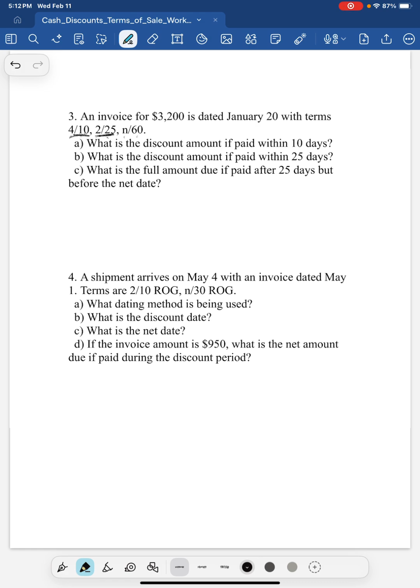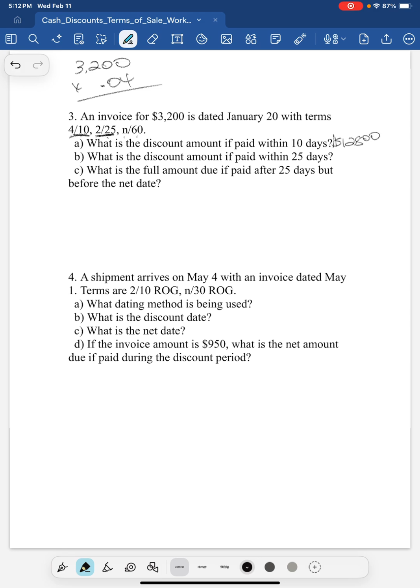Okay? So what is the discount amount if paid within 10 days? So it would be 4% off. So we'd have $3,200 times 0.04, just like all of the other trade discounts that we have done. So we have 3,200 times 0.04. And we see that the discount amount in 10 days would be $128.